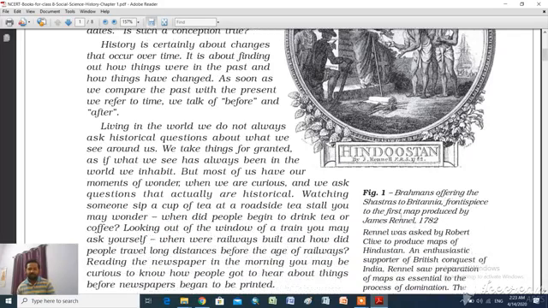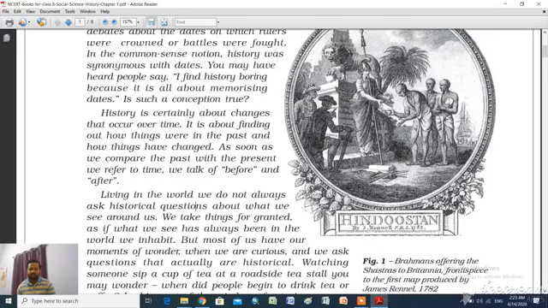Here is the description available in figure 1. You can see the image portrayed by James Rennell. Note down, James Rennell was a British cartographer, a mapmaker, who was assigned by the British government to prepare the entire map of India. So he was known as the father of Indian cartography or map making.